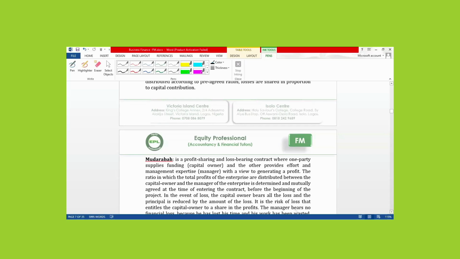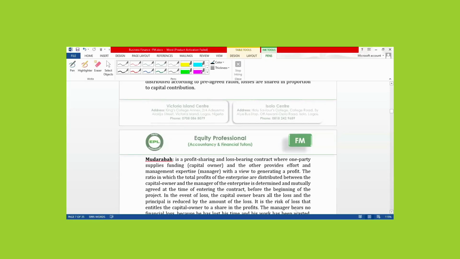The other party provides efforts and management expertise, with a view to generating a profit.